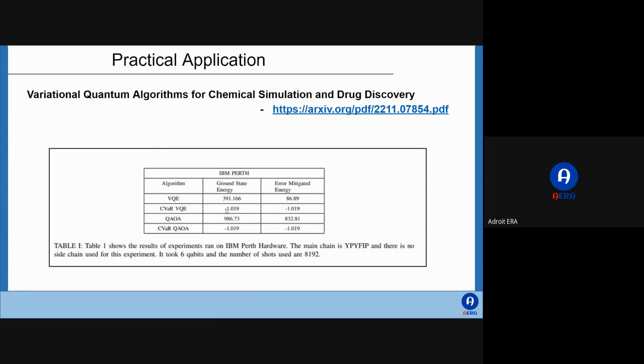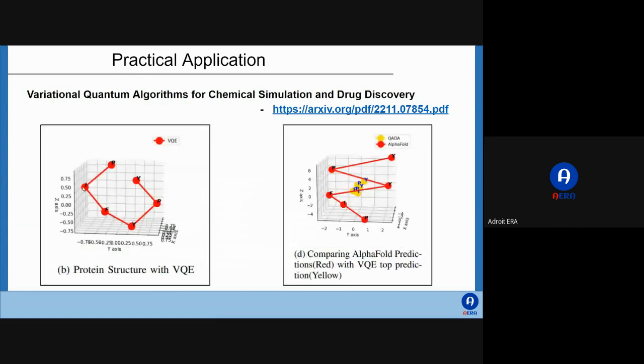So how did this work? What are we trying to find here? Each peptide, YP by FIP. We are trying to find the ground state structure of this particular peptide, the particular protein structure, using VQE.